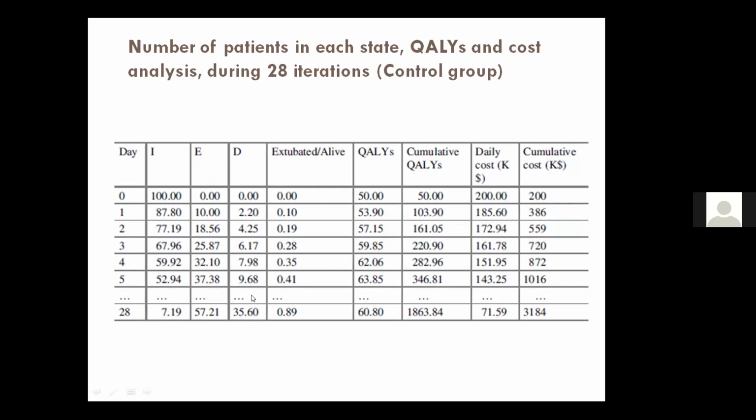So death will increase anyway. And if you look at the percentage of extubated who are alive, that is 57.21 divided by 57.21 plus 7.19, it will be about 89%. So it gives you a good picture of what percentage of people are getting out. You calculate QALYs, cumulative QALYs, you calculate daily cost, you calculate cumulative cost.